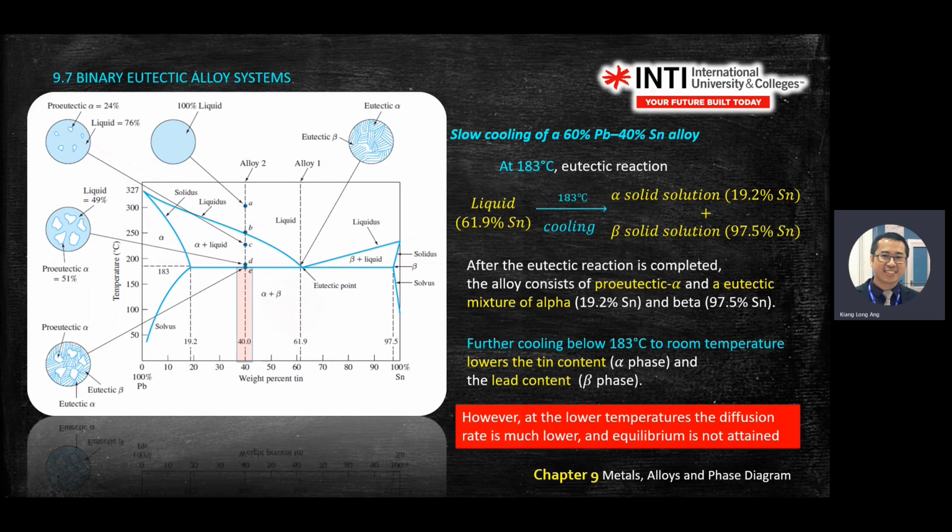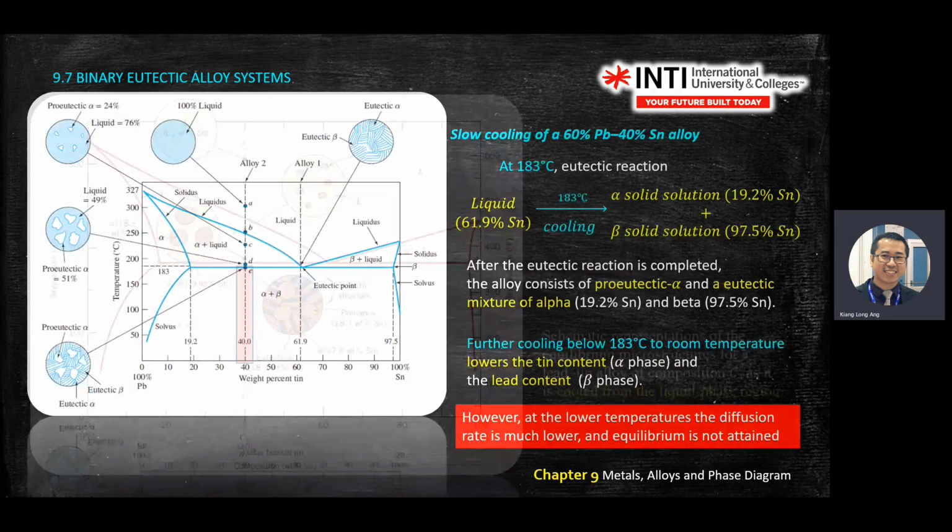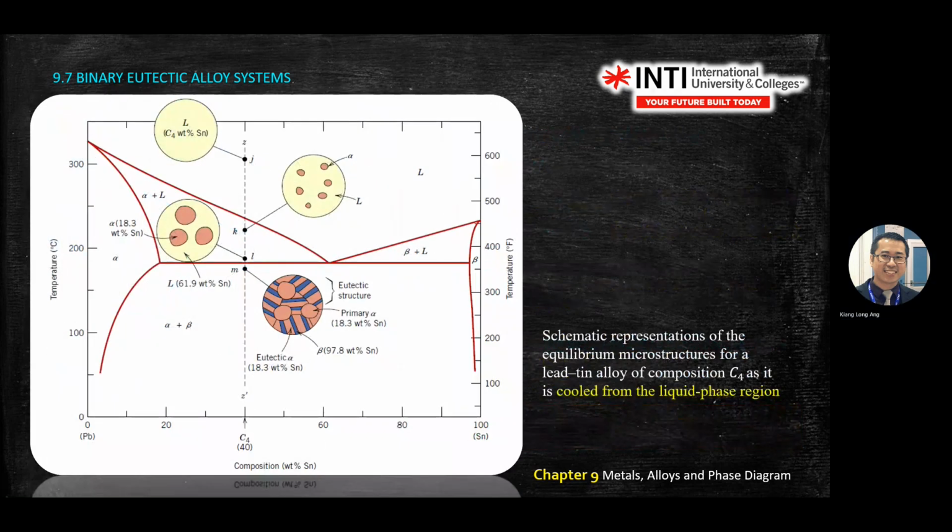The rest in red. This is just another simplified diagram where you look at temperature and weight percentage. This one is Sn, and you are given one concentration or composition. You can explain what happens when you drop the temperature from point A to another point.